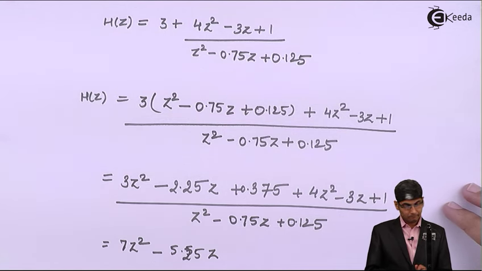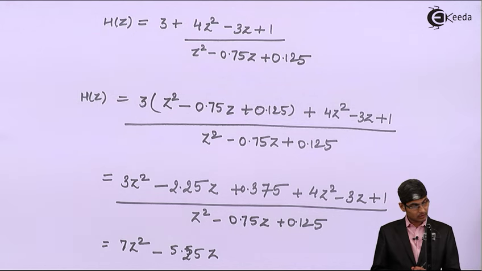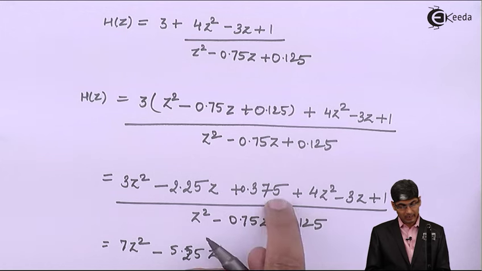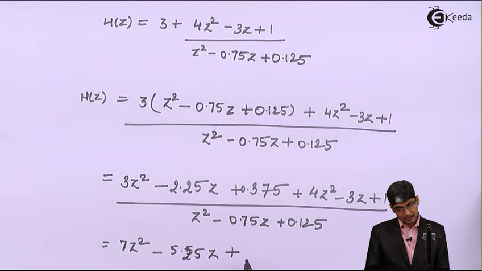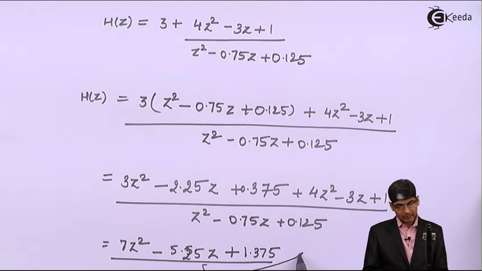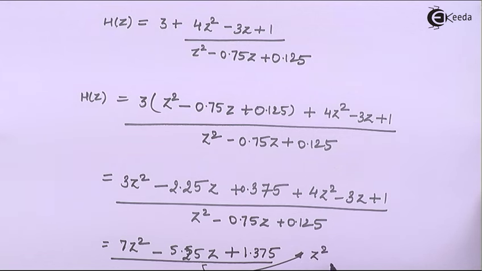Okay, so that is 5.25z, it's correct, and then I get plus 1.375. That is the numerator part, and the denominator I write here, which is z square minus 0.75z plus 0.125.